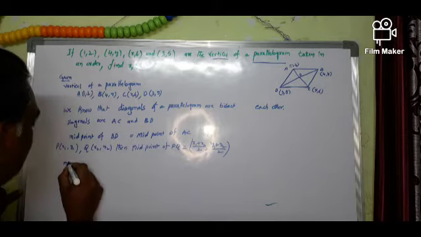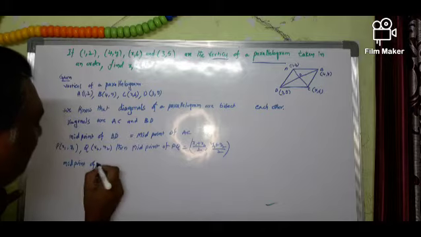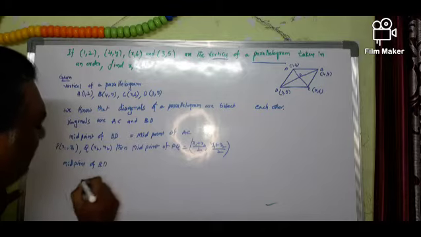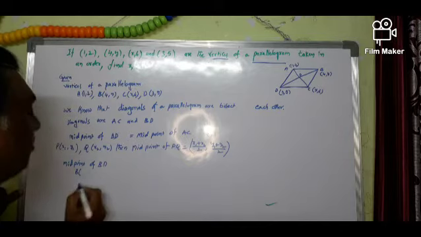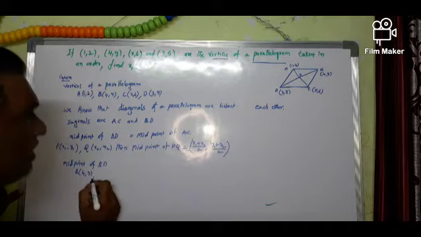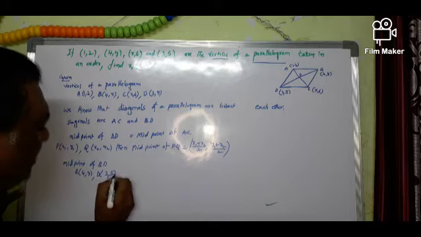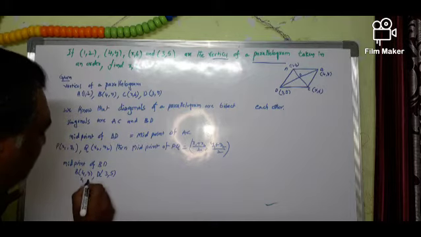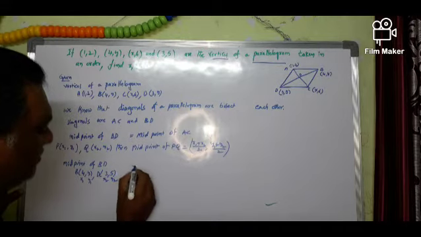Now first we find the midpoint of BD. Point B is (4, y) and D is (3, 5). Write x1, y1, x2, y2.